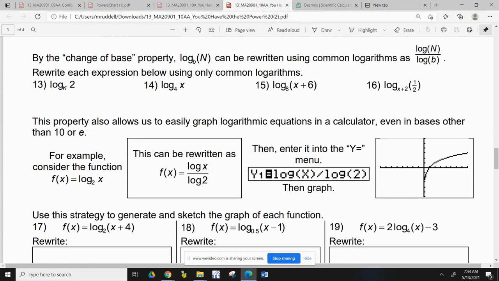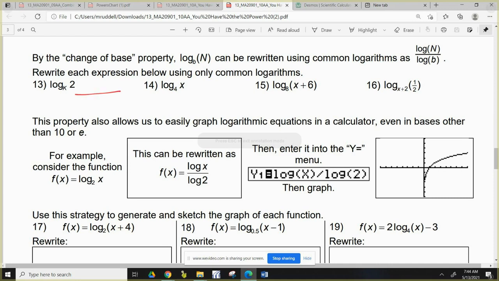The change of base property: log base b of n can be rewritten using common logarithms as log n divided by log b. Rewrite each expression below using only common logarithms. The reason for doing this is that in older calculators you could only do base 10. If you're using a calculator that only has base 10, that's the reason for rewriting this. This also makes it easier to solve.